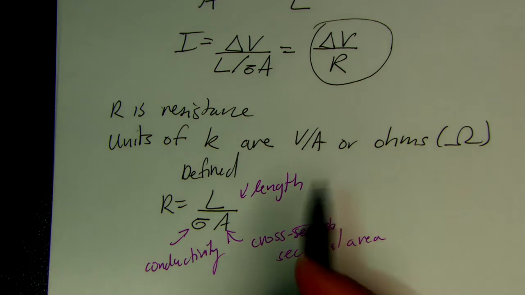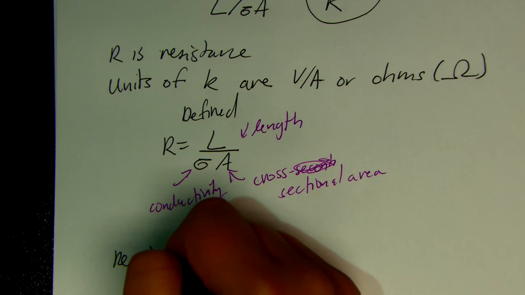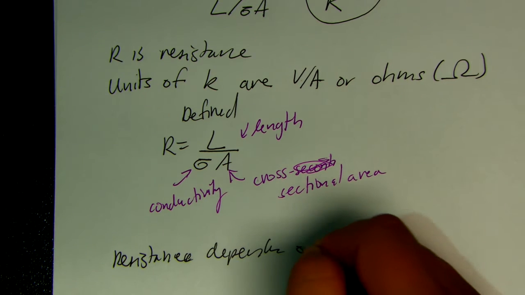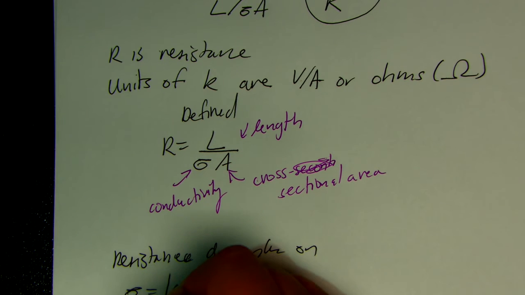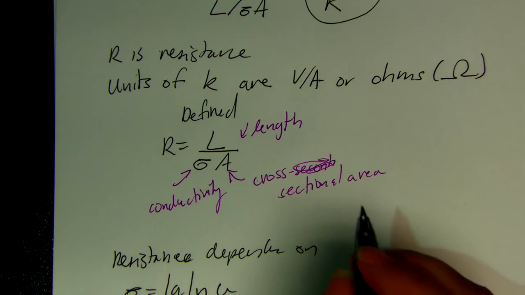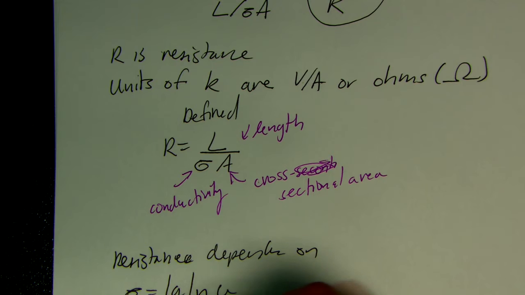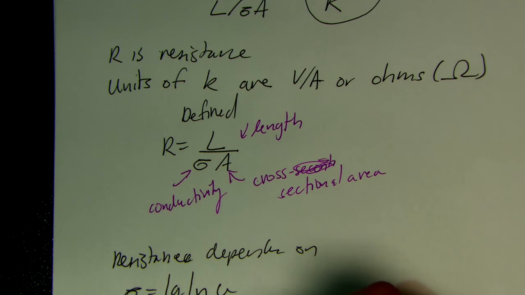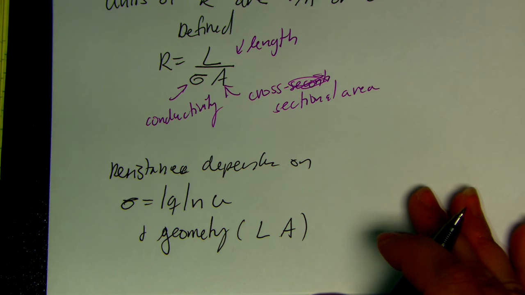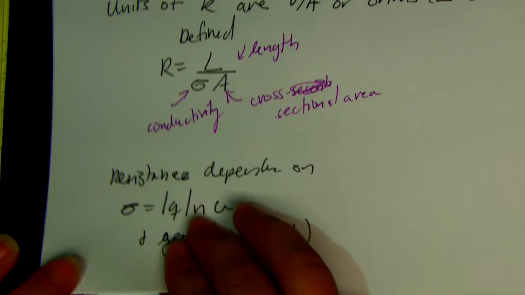So, moving on, resistance depends on conductivity, which is the charge carrier, times the number density times the mobility of the charge, and geometry, length and area, which is of course just volume. So let's think about the different ways that you could increase resistance.